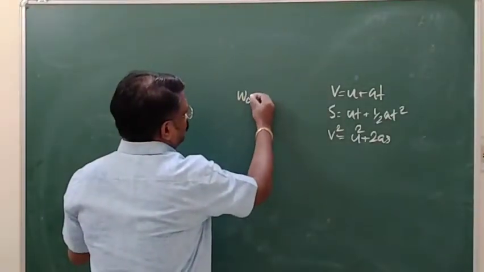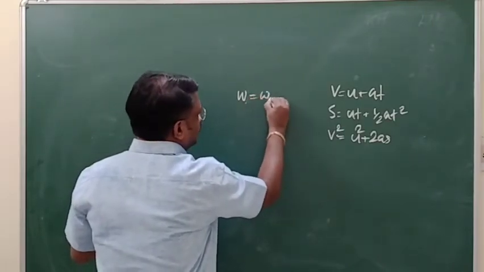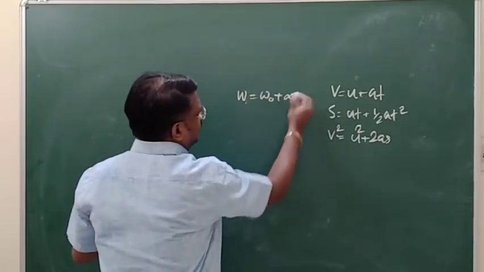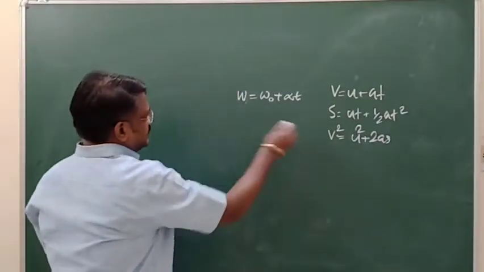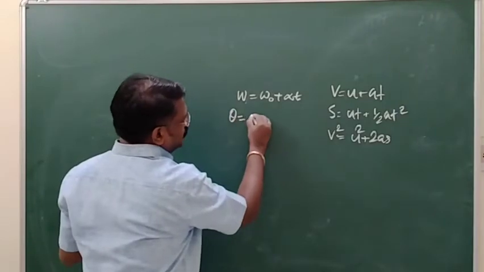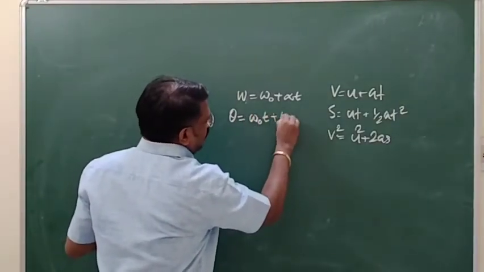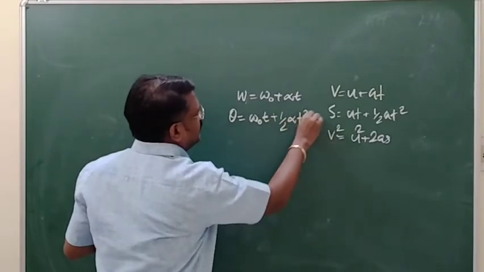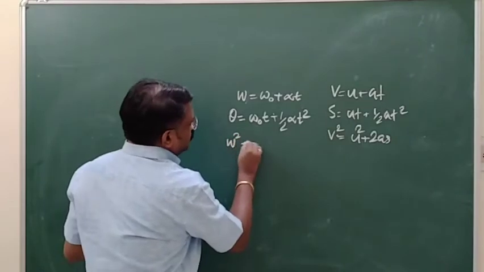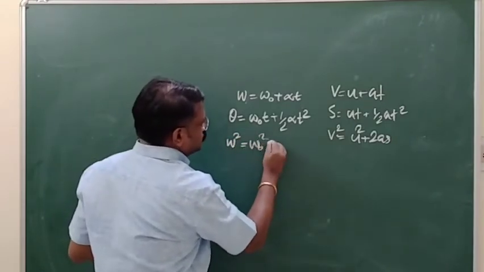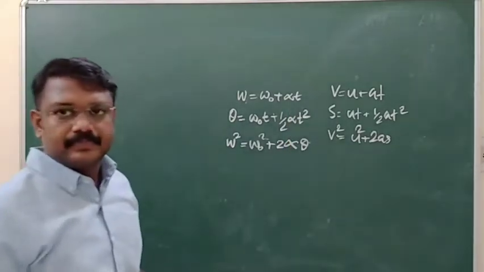Omega is equal to omega 0 plus alpha t. Corresponding values you have to set, s is theta. Theta is equal to omega 0 t plus half alpha t square. Omega square is equal to omega 0 square plus 2 into alpha into theta.